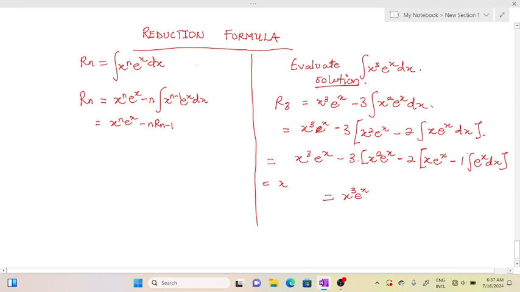Then minus 3. You have to expand this whole expression. But you have to be very careful in your expansion. You have to be very, very careful in your expansion.